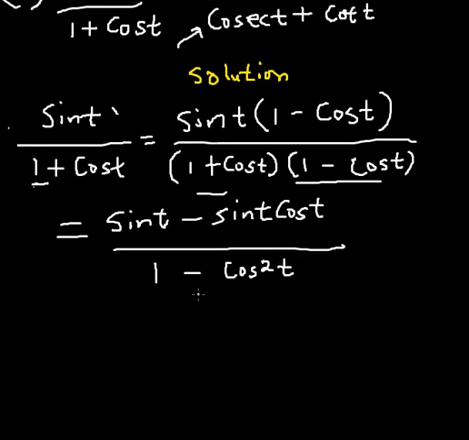And you know very well, take note from our first identity, if I make cos square t the subject, cos square t is going to be equal to 1 minus sine square t.